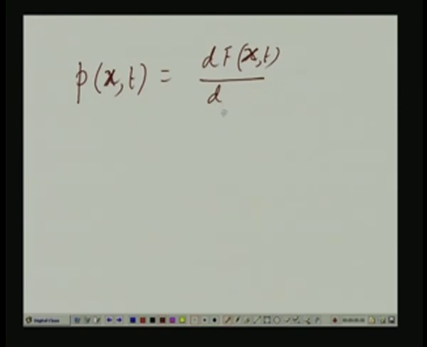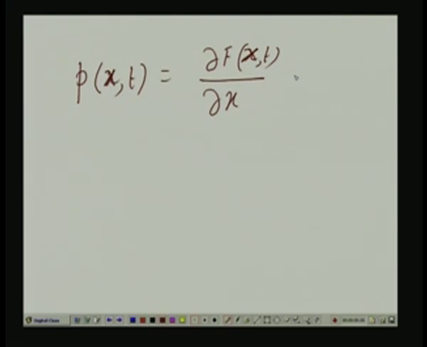In fact, for correctness, I would put partial derivative, because it is a function of two variables. Okay. This is a probability density function.